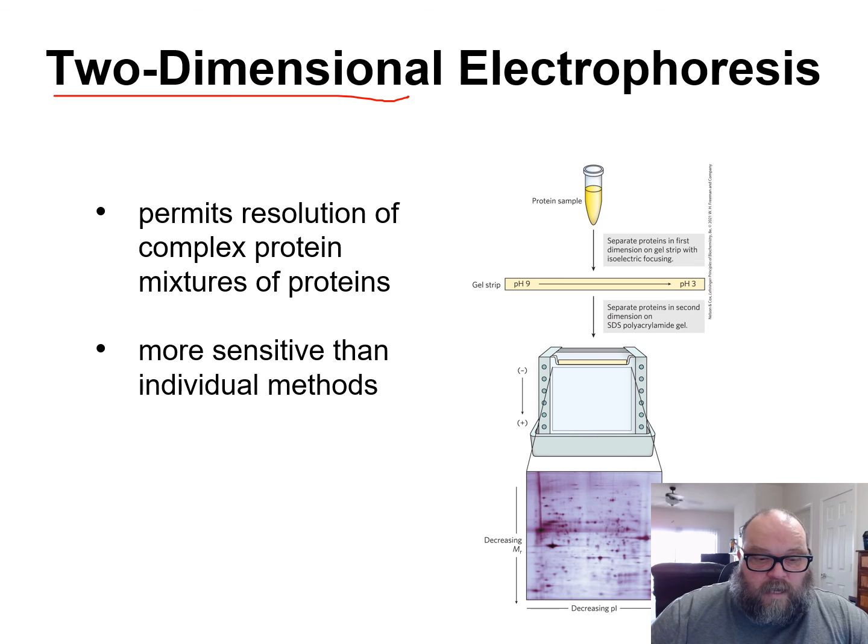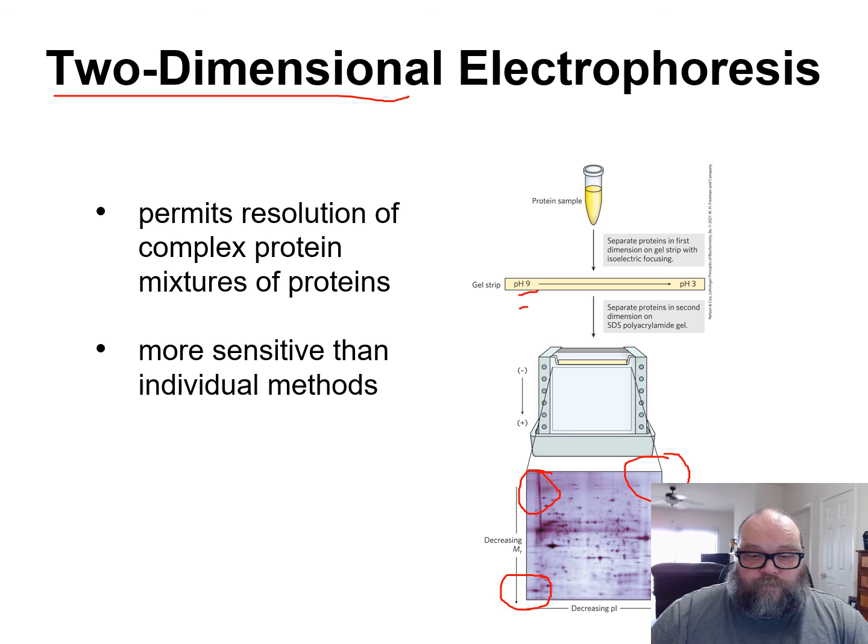So what that's done is, things down here are small and have an isoelectric point that's up near 9. Up here, all of these spots are rather large proteins, isoelectric point close to 9.